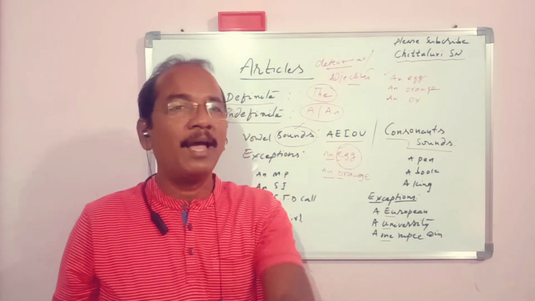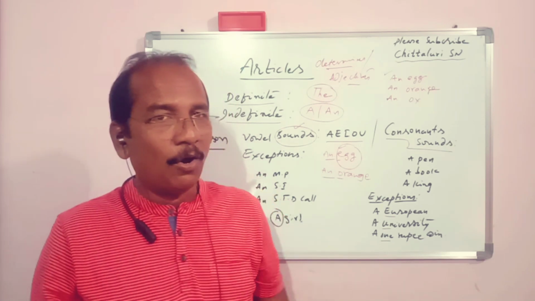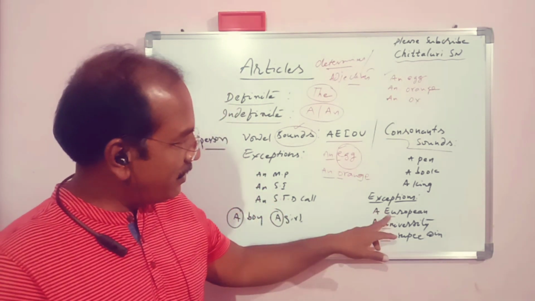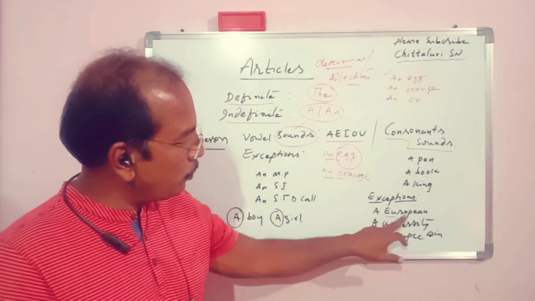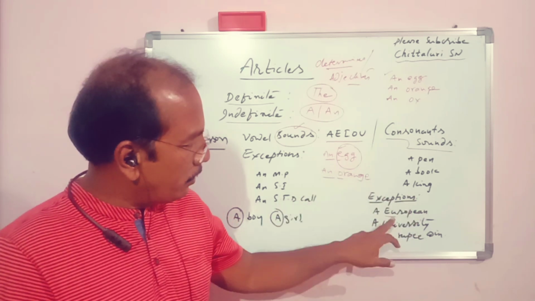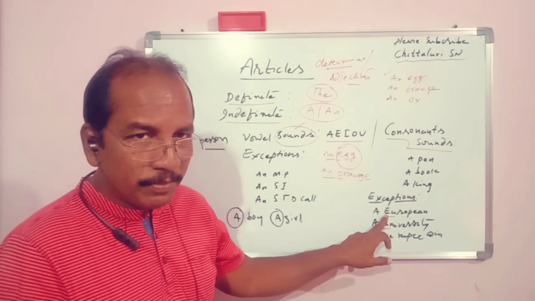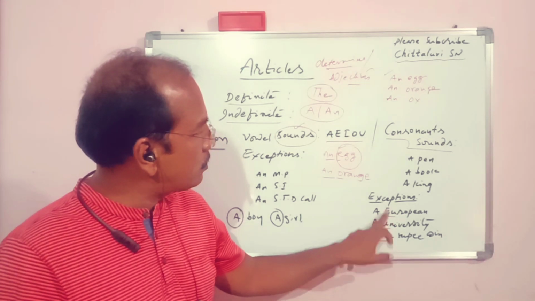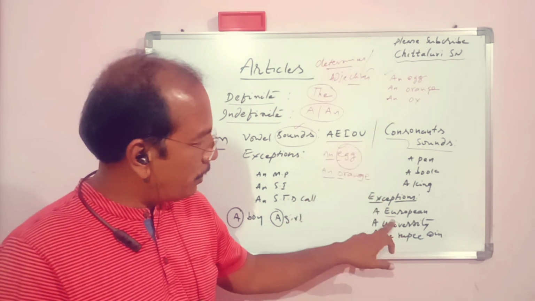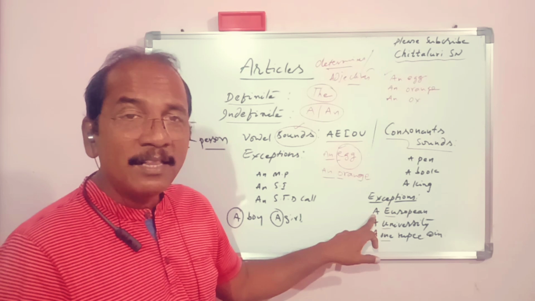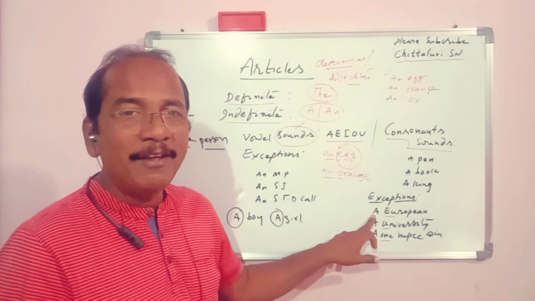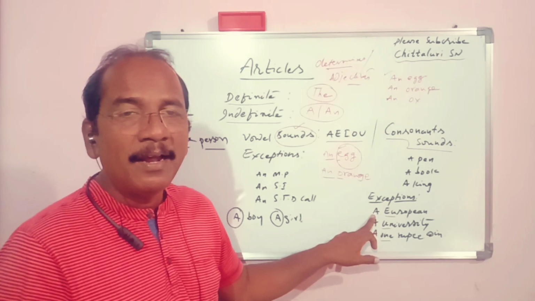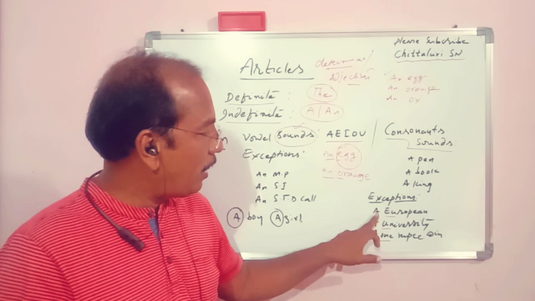Instead, you will have to use the article a. Let us see examples. For example, the word European also started with the letter E, which is considered a vowel. But what article did I use here? I used a instead of an.